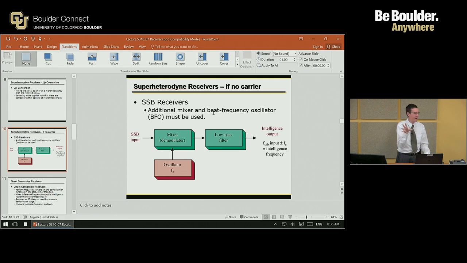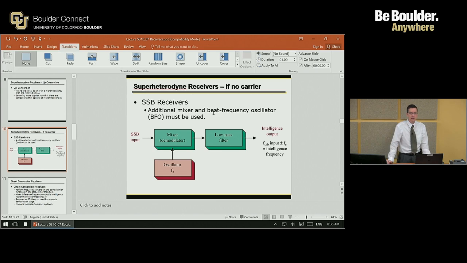Because if you're on one end, it sounds like Mickey Mouse talking, and if you do it at the other end, it's really, really low. So the frequency beat oscillator allows you to tune it right in so the person sounds normal. Sometimes the frequency varies a little while you're talking due to atmospheric conditions, so you're constantly adjusting that up and down, or you just get used to hearing Mickey Mouse talking. That's my ham radio.